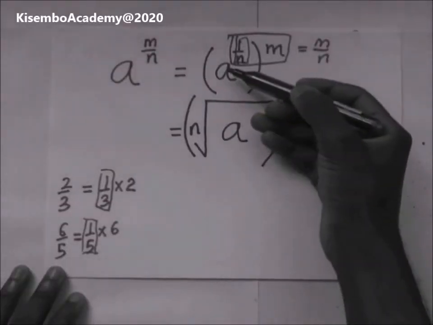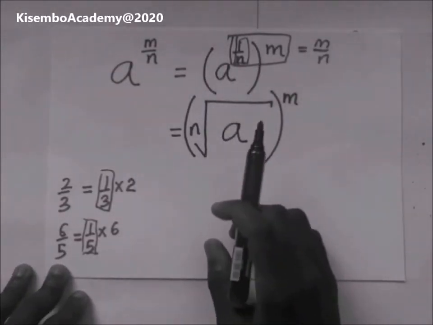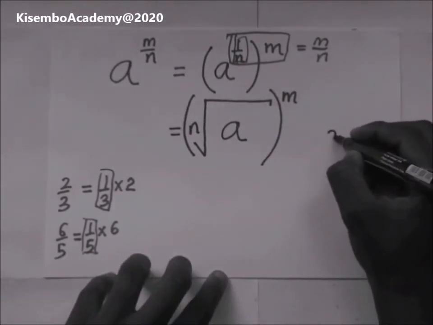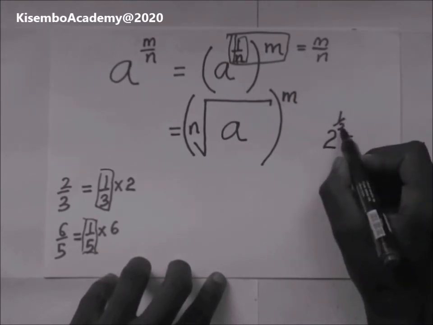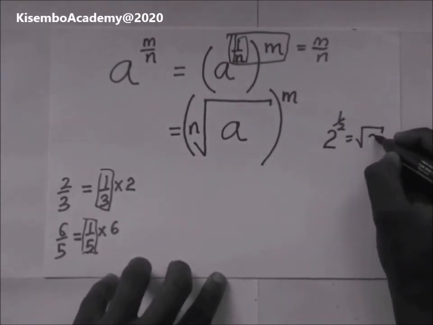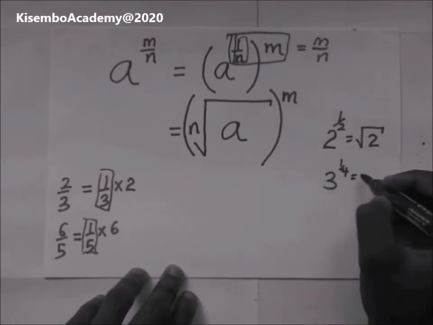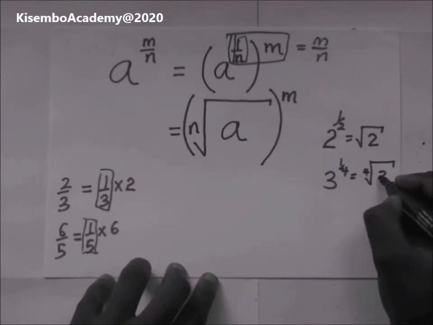We are interested in this fraction that is having the 1, because any number to the power 1 over n is equivalent to the nth root of that number. For example, 2 to the power a half is the same as the square root of 2. If it is 3 to the power a quarter, this is the same as the fourth root of 3.